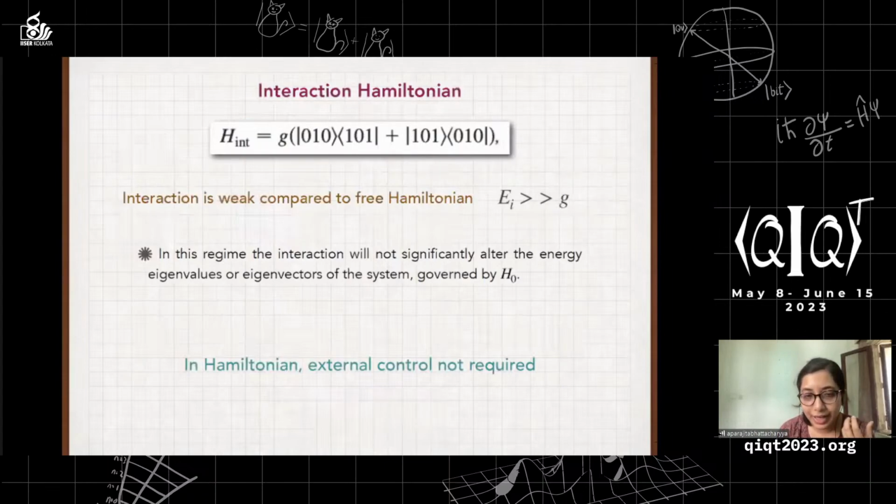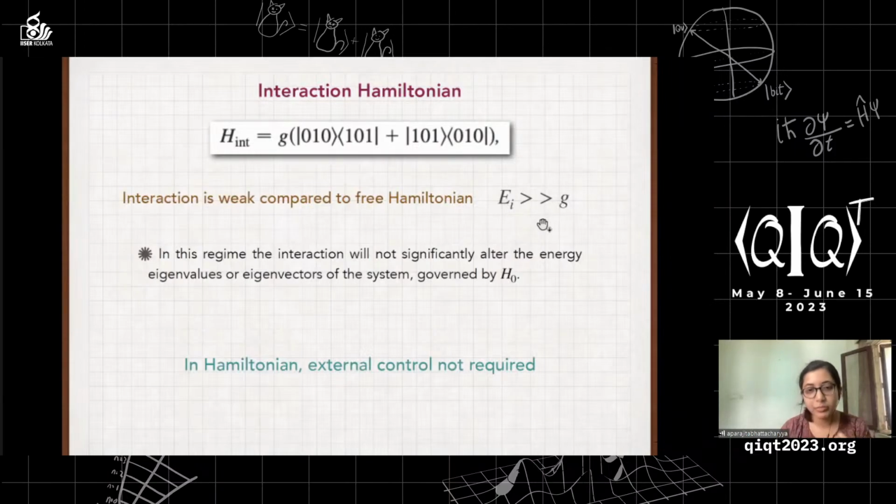So how do we implement this conversion of 010 to 101? We introduce an interaction Hamiltonian in the system, which is of this form, and we consider that the interaction is weak compared to the Hamiltonian parameters, that is, the energies of the qubits: Ei is much greater than g.